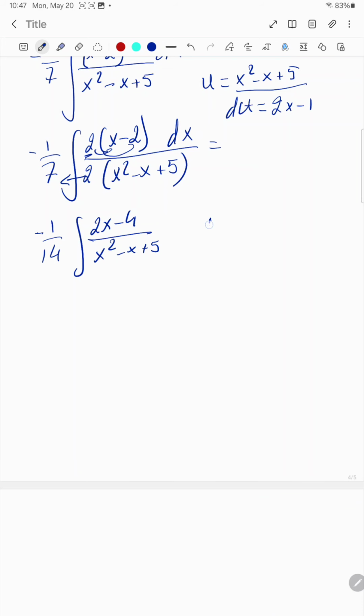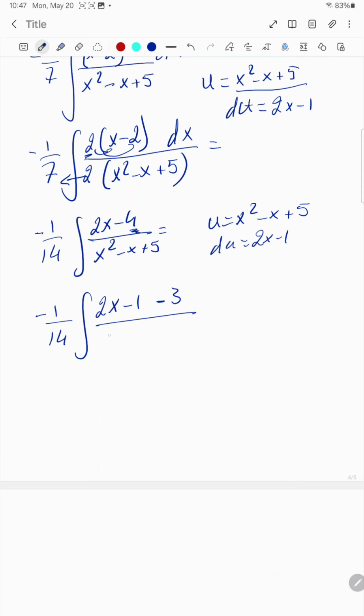So here if I take my u equal x squared minus x plus 5, my du equal 2x minus 1, but I have minus 4, but that's easy. I will do this integral equal minus 1 over 14, 2x minus 1 minus 3, divided by x squared minus x plus 5 dx.